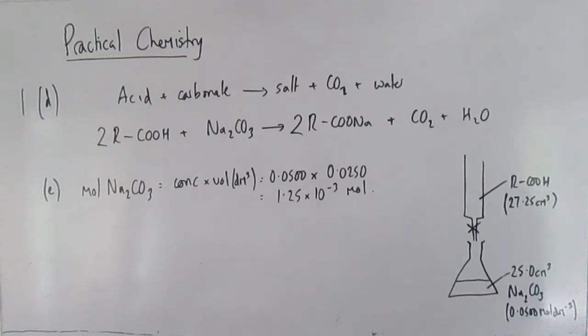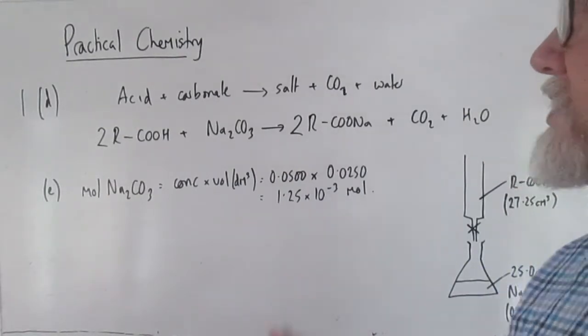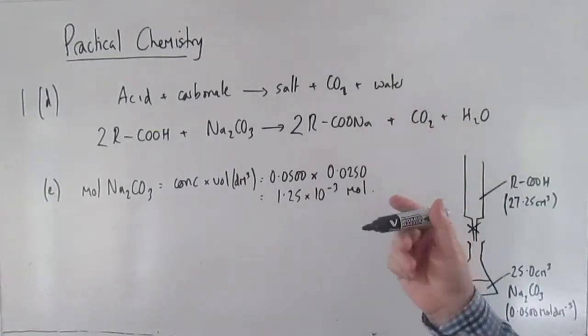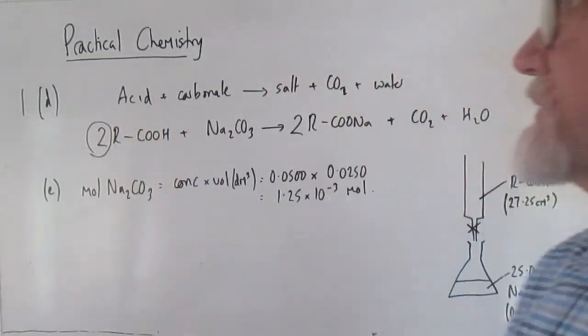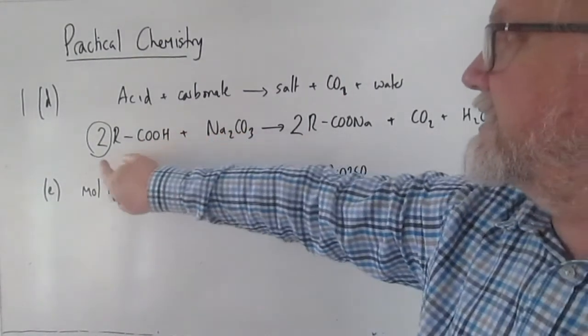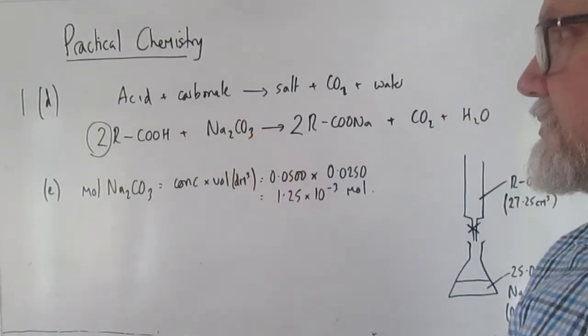Then you say, right, that's the sodium carbonate, but we're interested in the stuff it's reacting with, which is the RCOOH, and that's why we need an equation, because the equation relates the moles of the two, and in particular that's where this number comes into play, because what the equation is telling you is that twice as many moles of RCOOH react as of Na2CO3.